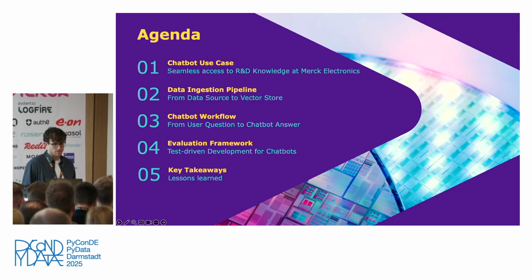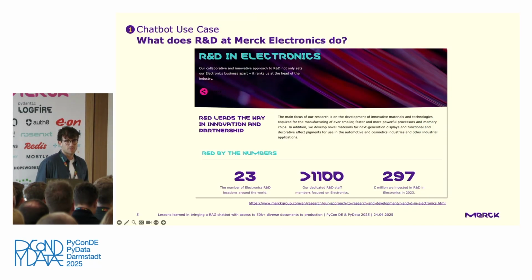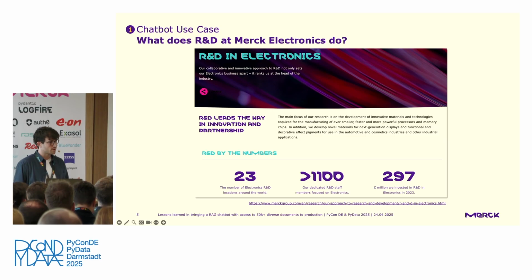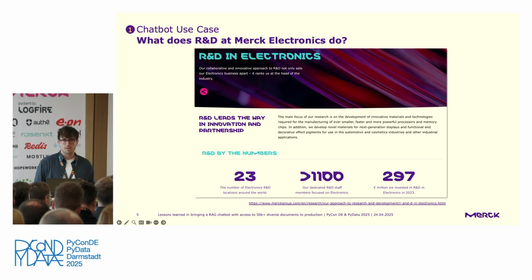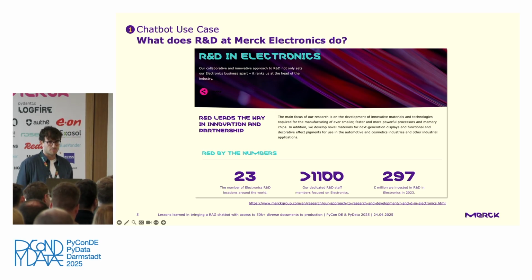So let's start with the first point here, the chatbot use case. And for this, I want to give you a quick introduction into what R&D at Merck Electronics does. So basically, imagine the smartphones in your pocket to the latest AI supercomputers. None of those would be possible without modern microchips and display technologies. And that's where R&D at Merck Electronics comes in.